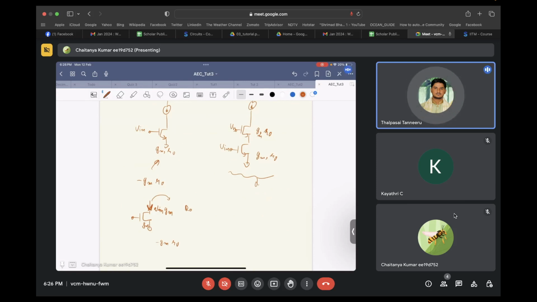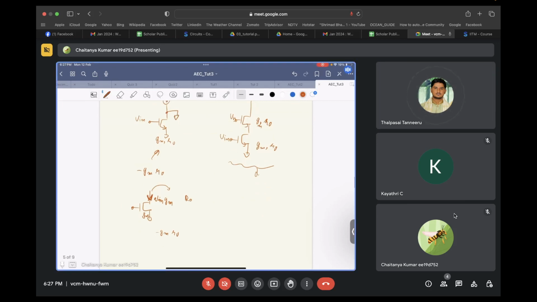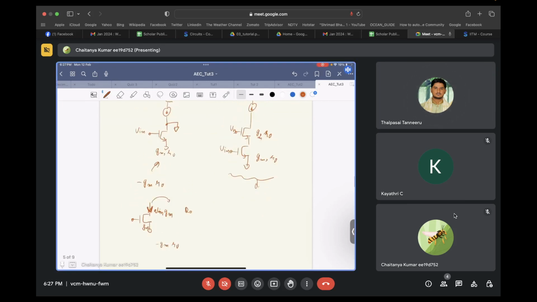So while finding the transconductance, you give some input voltage and you check for the short circuit current at the output. So if you short circuit it over here, how much current will flow? What will be the short circuit current?